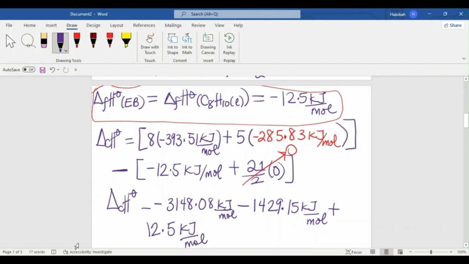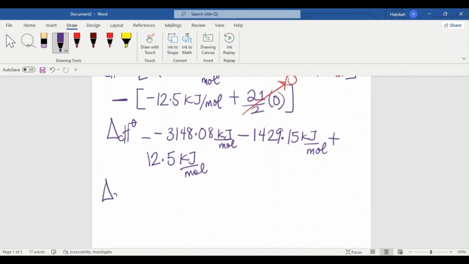So all of this information right here would be the standard enthalpy of combustion, which is going to equal negative 3148.08 minus negative 1429.15 kilojoule per mole, and all of that information plus 12.5 kilojoule per mole. When you put all of this information in the calculator, you end up getting negative 4564.73 kilojoule per mole. And as you can see, this information is in one decimal place.